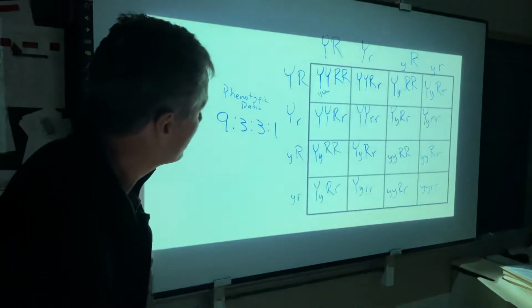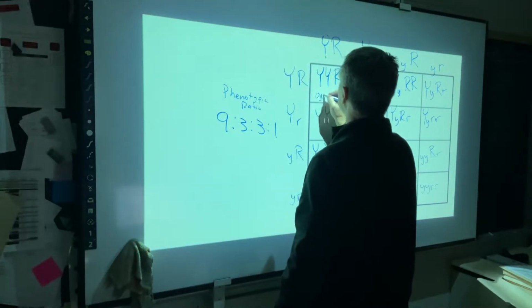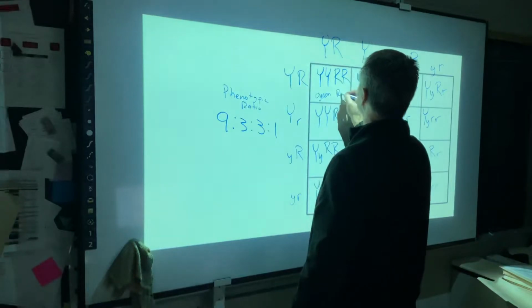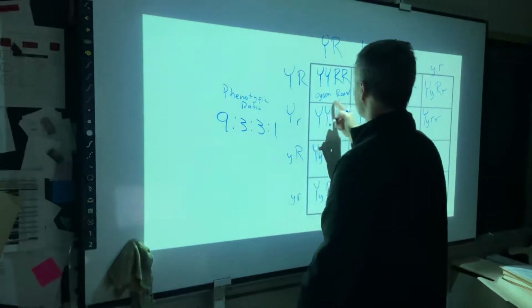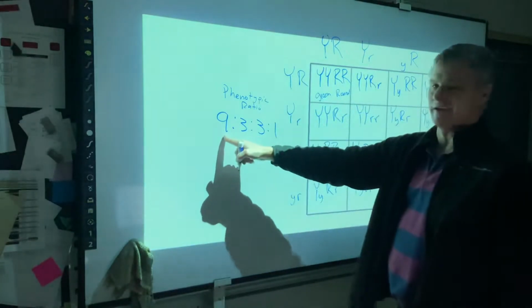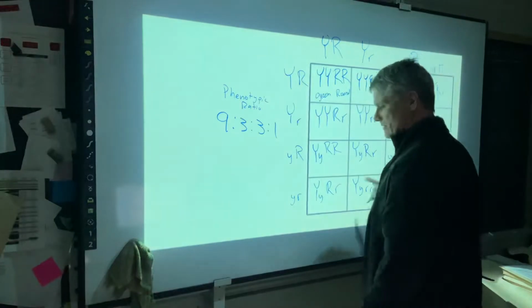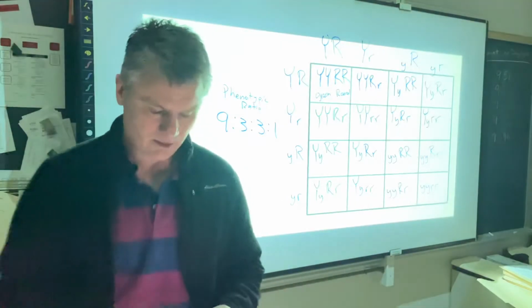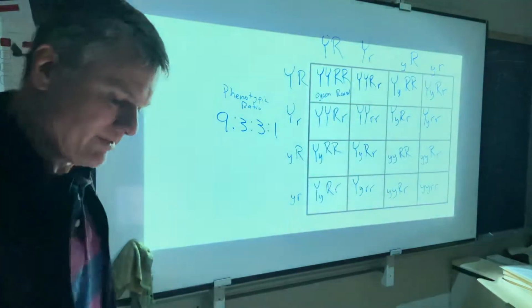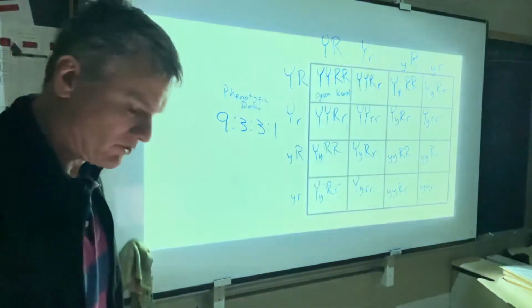So if I set that up again, this is going to be green, round. And so you're going to go through and look and see how many green round there are. There should be 9 green round ones. And then go through and list it. You can make sure I haven't messed up and made any mistakes. So pause the video here, and go through and see if you get a 9:3:3:1.